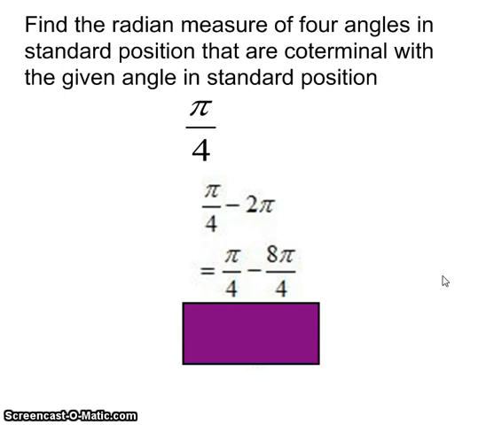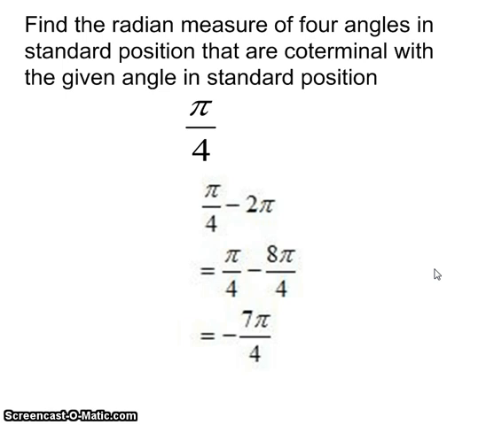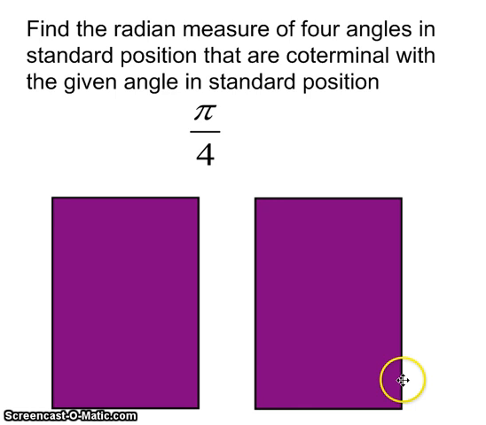I multiplied 2 pi by 4 over 4 to get 8 pi over 4. And now I can add pi with negative 8 pi, which gives me negative 7 pi over 4. All right, so now I have 2 angles. I have 9 pi over 4. I have negative 7 pi over 4. And I'm going to do it 2 more times.